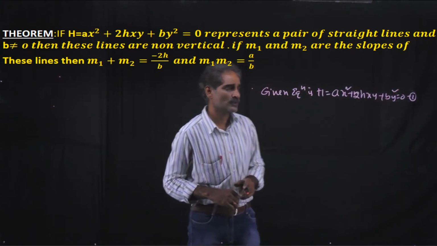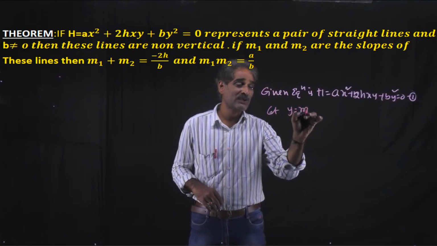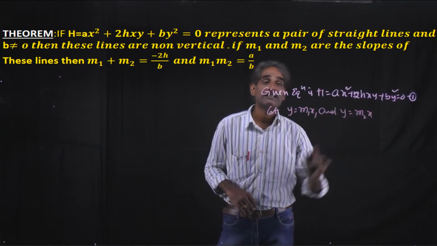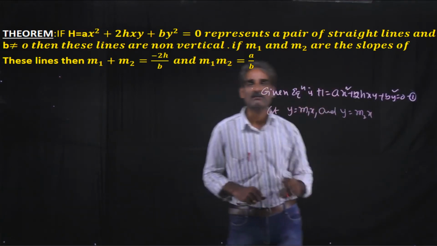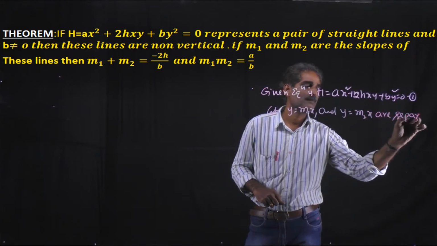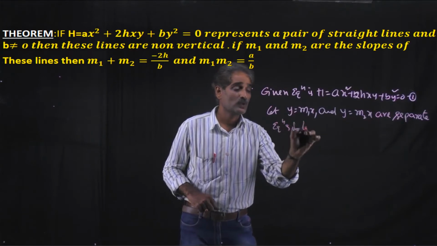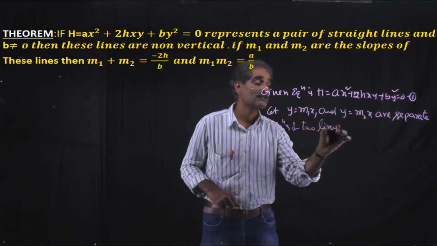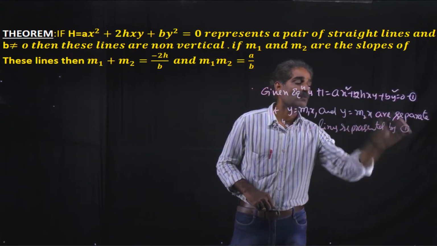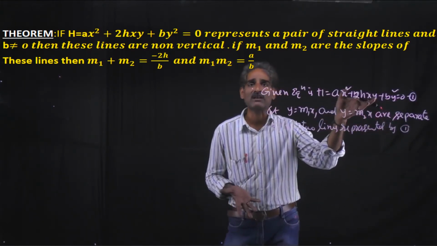Now consider y equals m1x and y equals m2x as the separate equations of two lines represented by 1. What about the combined equation? The combined equation of these two is equal to 1.